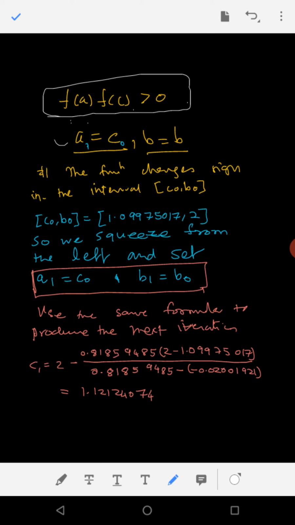So you can mention here the c0, b0 interval, because we will have to check whether it is giving you the opposite sign. So we have to squeeze from the left. Whatever is written here, it is the same thing here: a1 is equal to c0 and b1 is equal to b0.